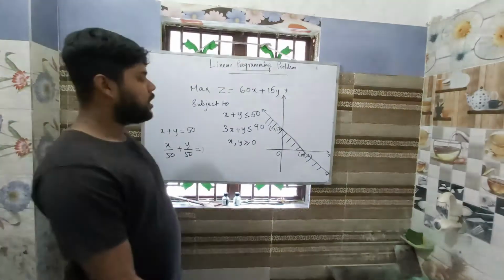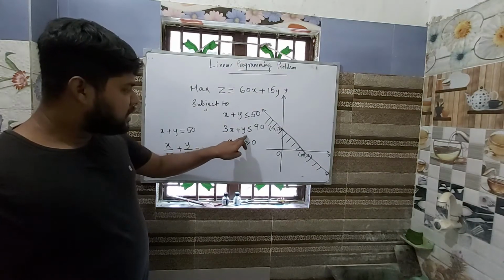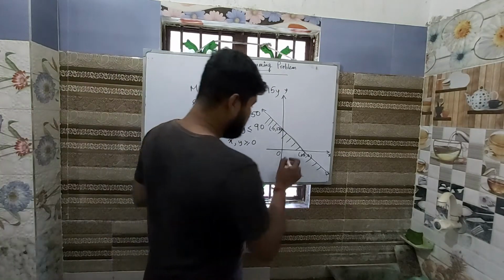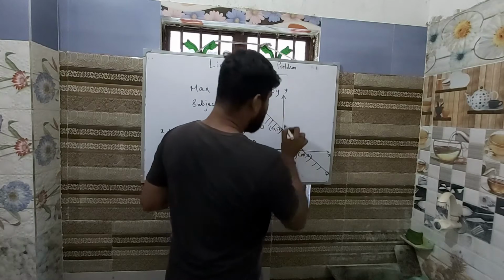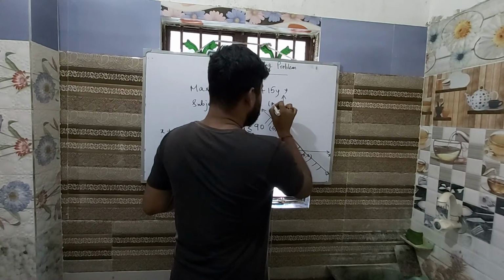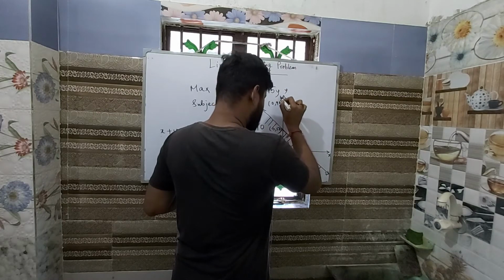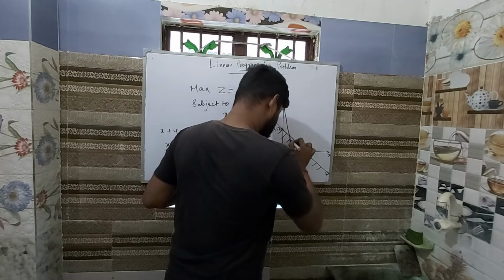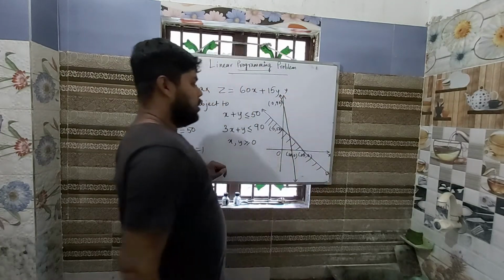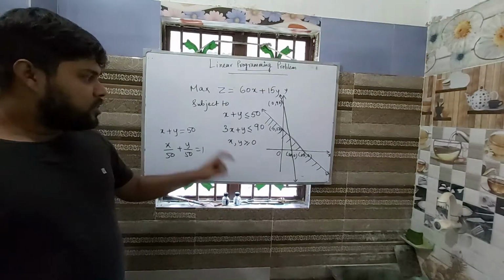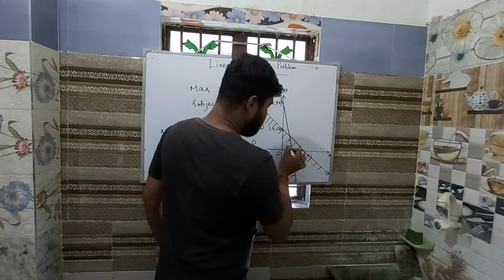Put the origin in this. So 0 less than or equal to 50, obviously it is satisfying, so therefore it is in this direction. Then 3x plus y less than or equal to 90, so x by 30 plus y by 90. Here somewhere there is 30 comma 0 and somewhere here 0 comma 90. Once again, if I put the origin here, it is satisfying, so it will be this side.